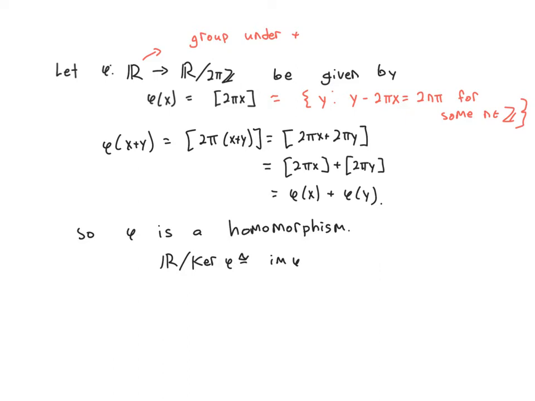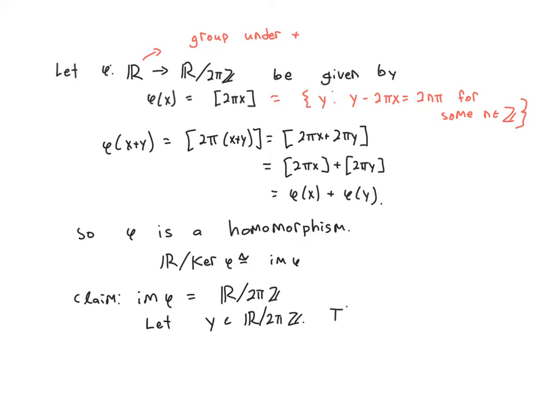Well, I claim this map is surjective, so that the image is everything. Well, how do I show that? You need to take an equivalence class, and you need something to map to it. So take an equivalence class.